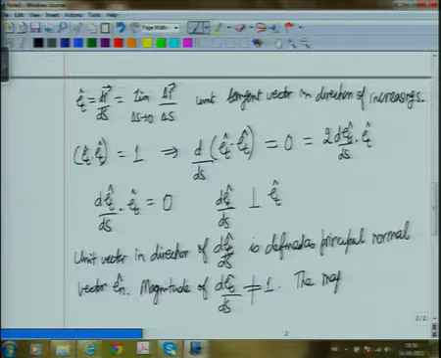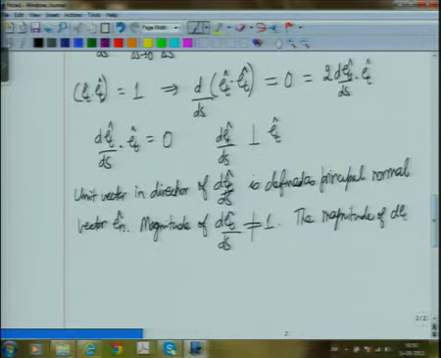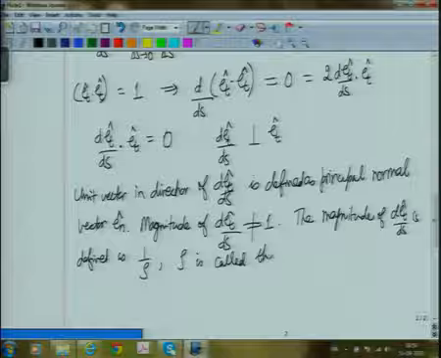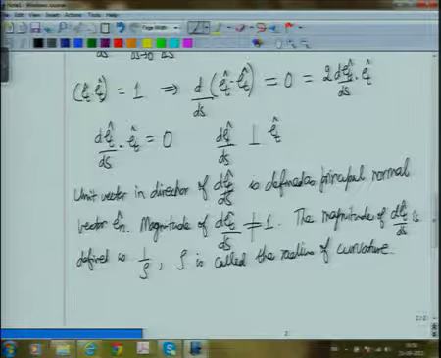Let me first do some definitions and then we come to the physical meaning of this. The magnitude of det by ds is defined as 1 over rho, where rho is called the radius of curvature.